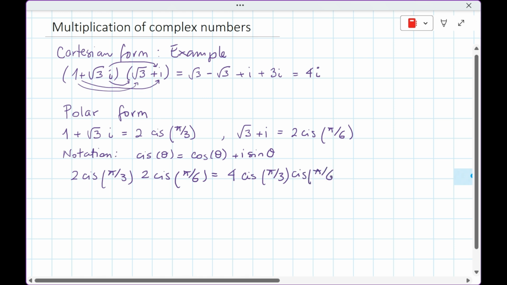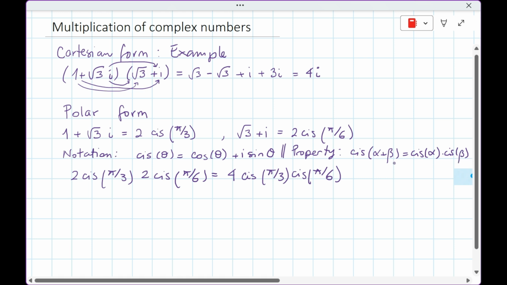Here is where it comes. The fantastic, wonderful property about cis, let me write it here: if you have cis of alpha plus beta, this is the same as cis of alpha times cis of beta. So this is what we want to use.